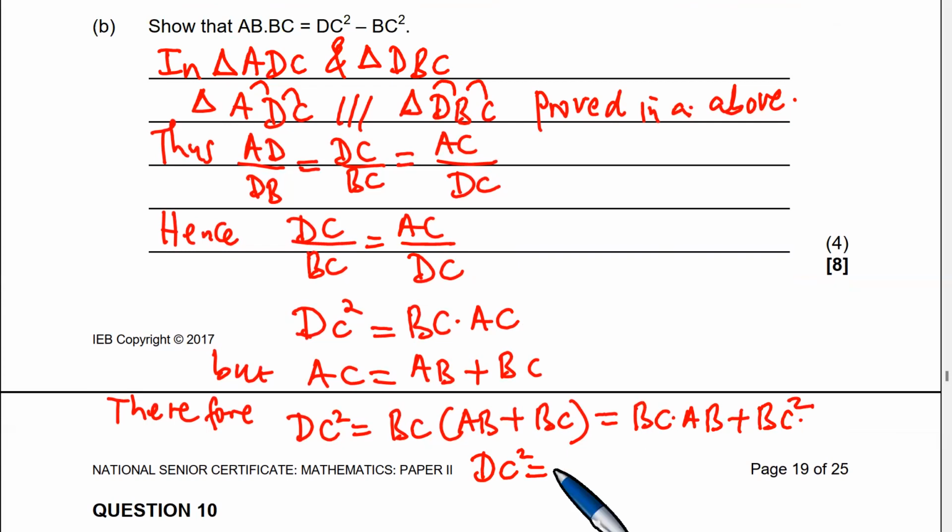So we have exactly here AB times BC plus BC squared.